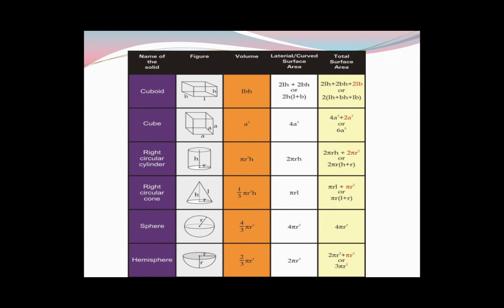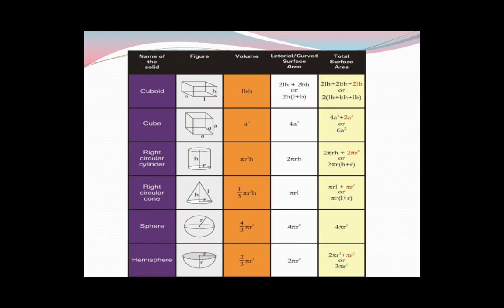Then lateral or curved surface area will be 2LH plus 2BH, or we can take 2H common, so 2H into (L plus B). So total surface area is 2 into (LH plus BH plus LB), okay? That means length into breadth plus breadth into height plus length into height, okay?